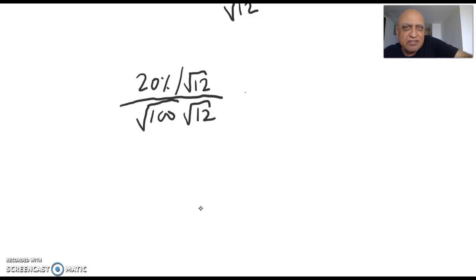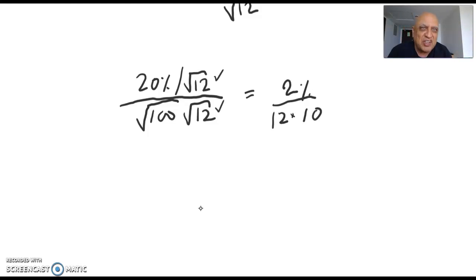So that is nothing but 2% divided by 12, because I have a square root of 12 here and a square root of 12 there, times the square root of 100.